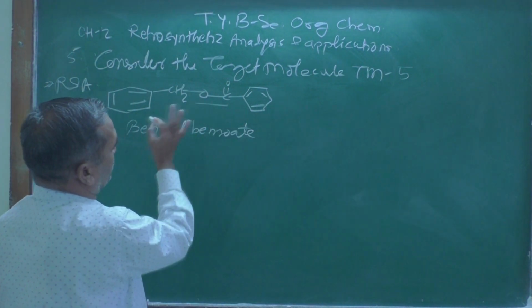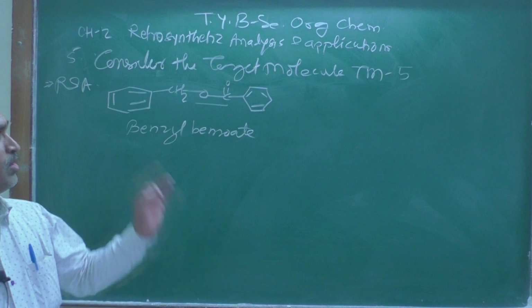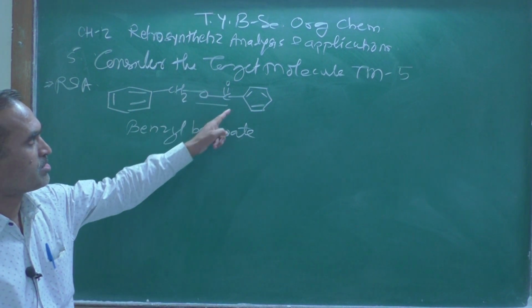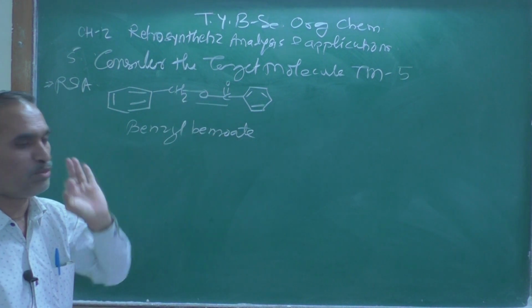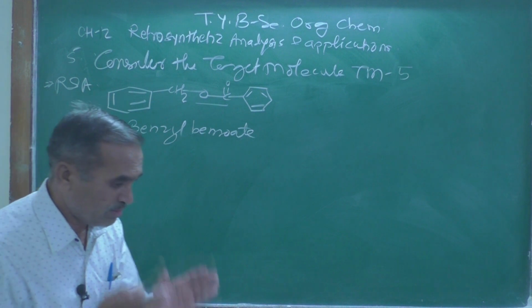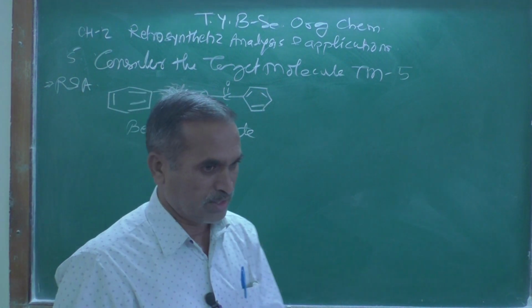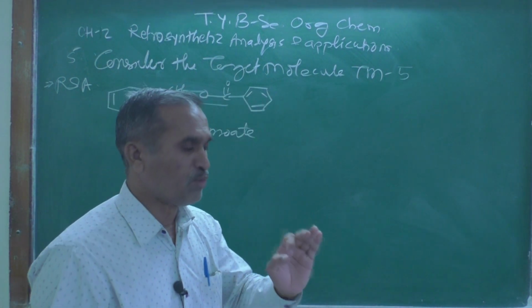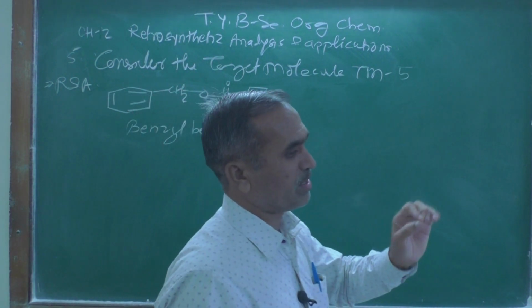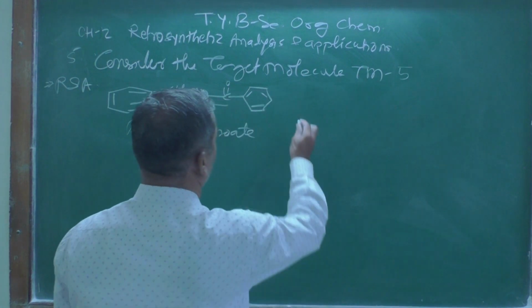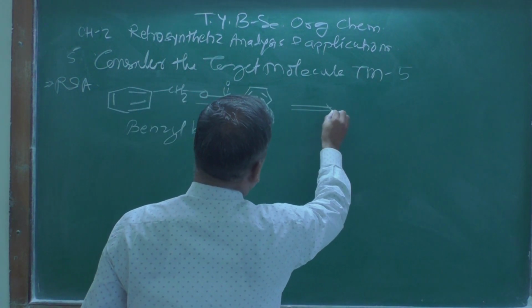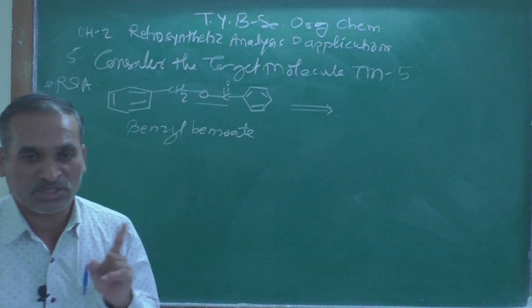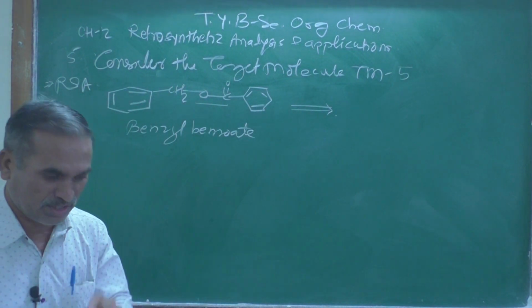If you observe this structure carefully, you will see one ester group is present, and there is a speciality in how we can disconnect it. First, draw this type of arrow, which is a disconnection arrow.